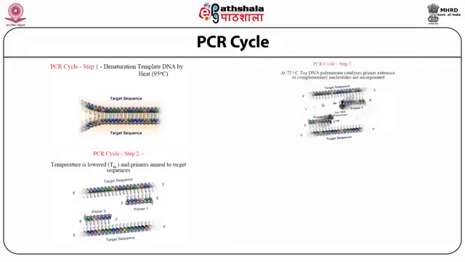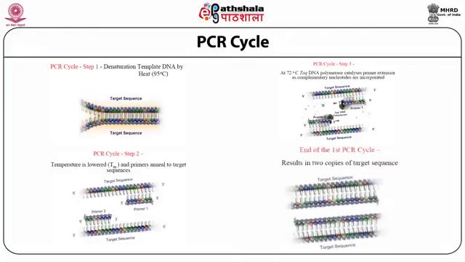The third step is elongation. With the help of Taq polymerase, the primer extends along the template DNA with the help of dNTPs at 72 degrees centigrade, and finally at the end of the first round of the PCR cycle we get 2 copies of the target sequence.